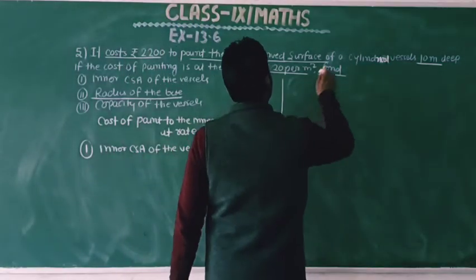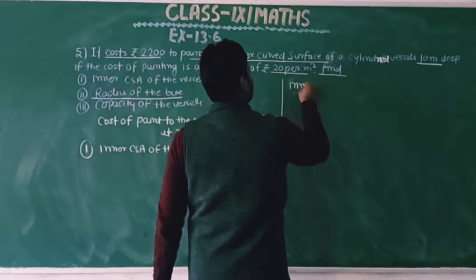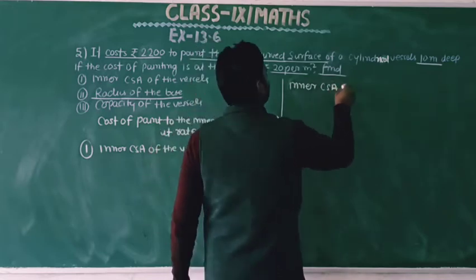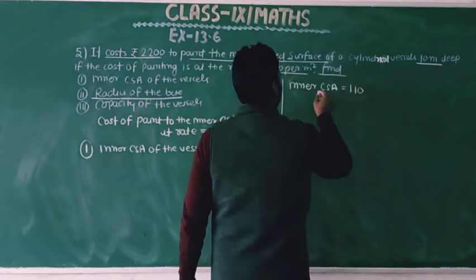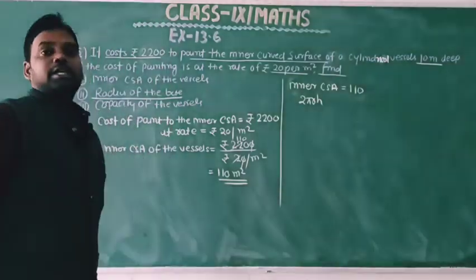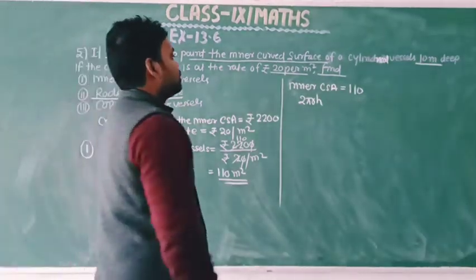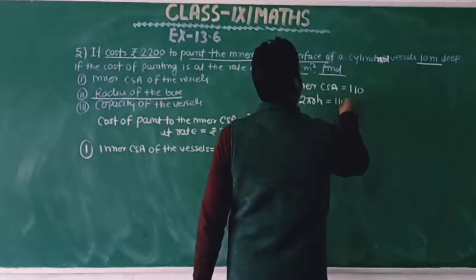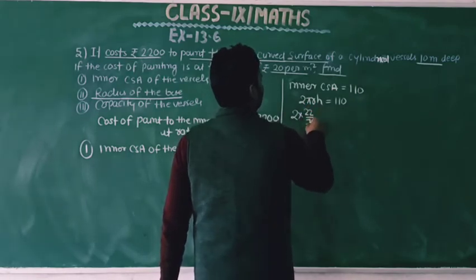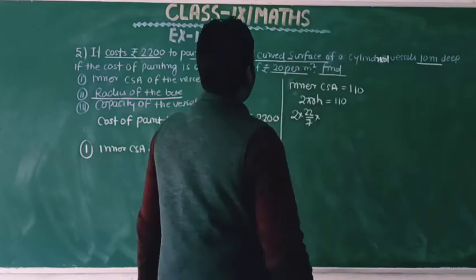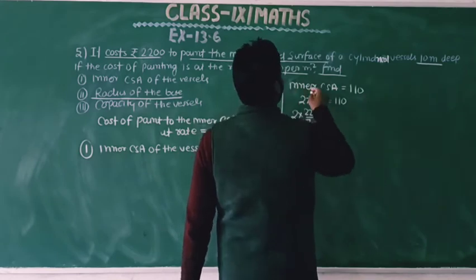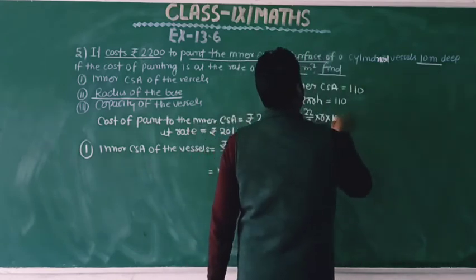So we know the inner CSA here is calculated as 110, and the inner CSA of a cylinder is 2 pi r h. So 2 pi r h equals 110, and here pi is 22/7, and the height is given as 10 meter.